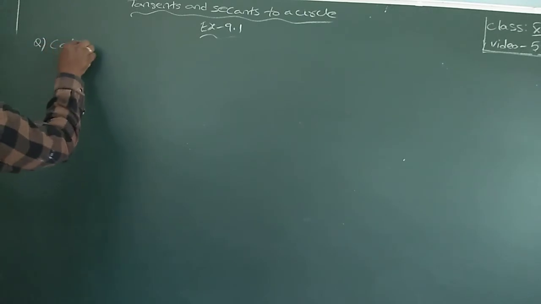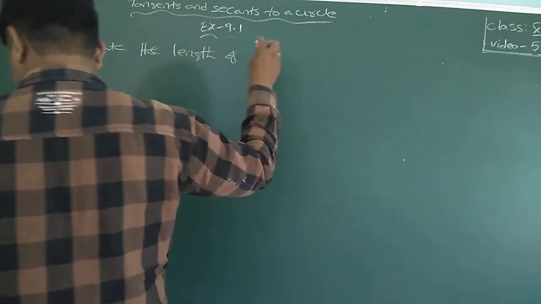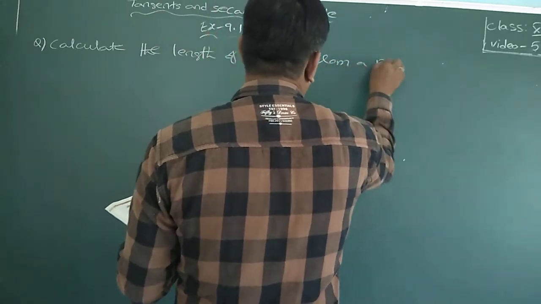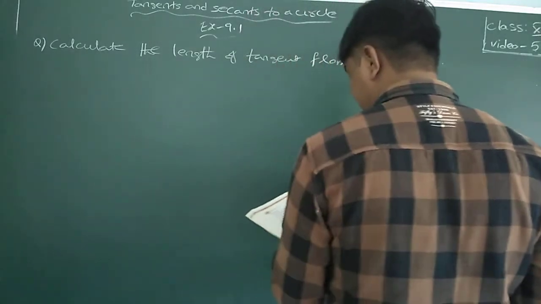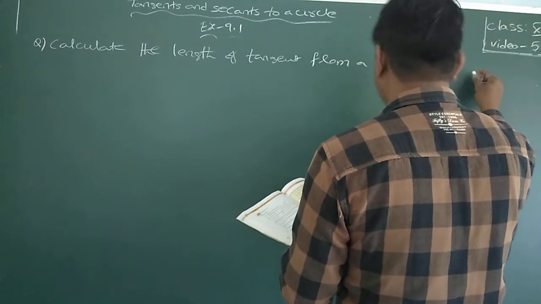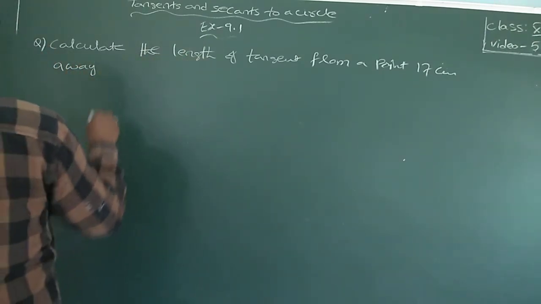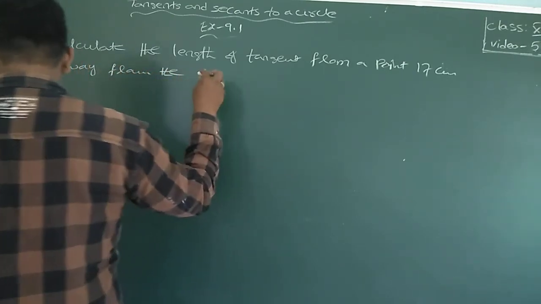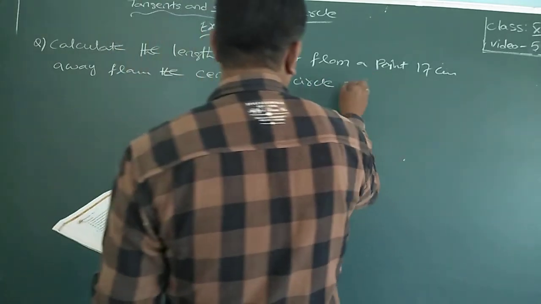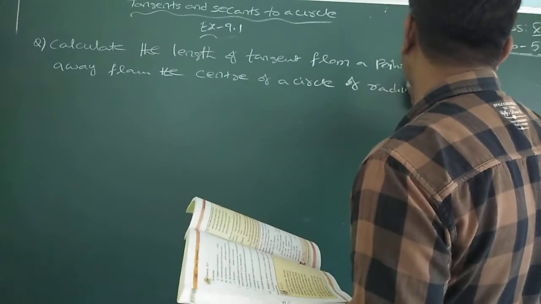Next one is: calculate the length of the tangent from a point 17 centimeters away from the center of a circle of radius 15.